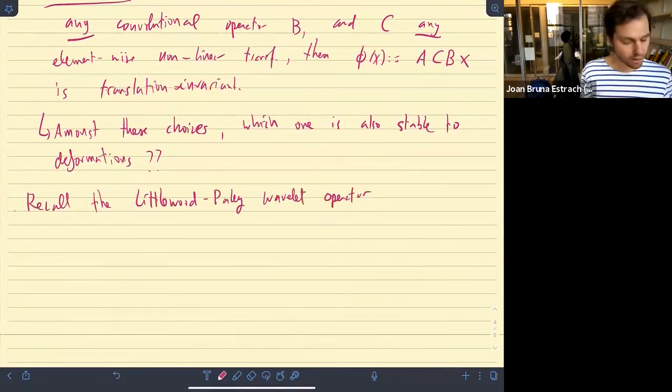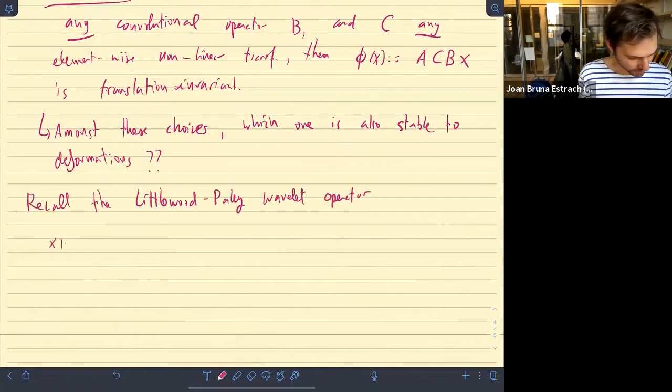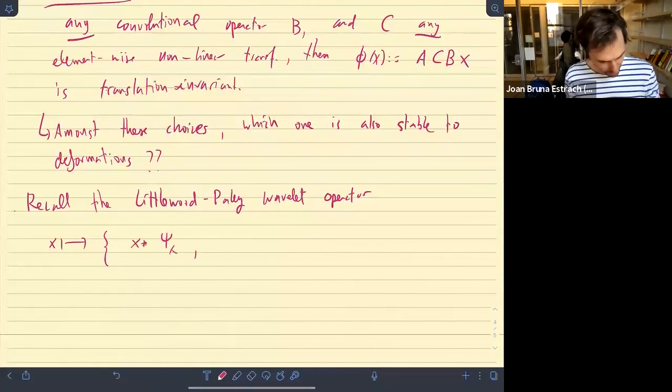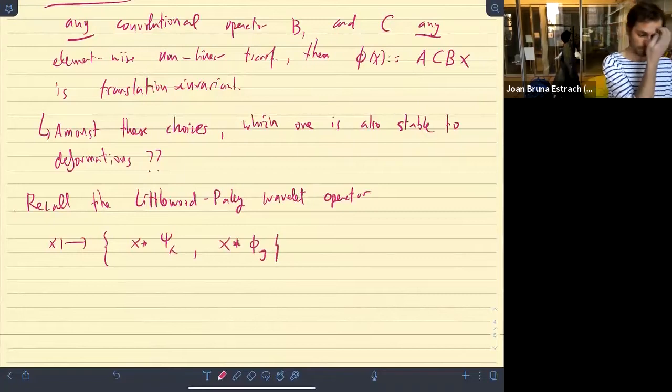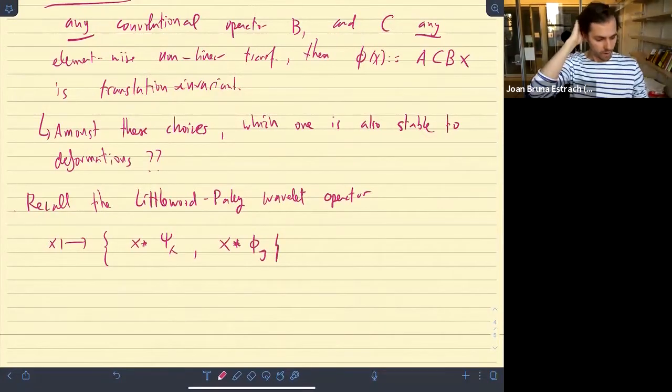We defined it as the mapping that goes from X to a family of many filters, where we convolve X with wavelets at different scales and orientations, and complement it with the low-pass filter.